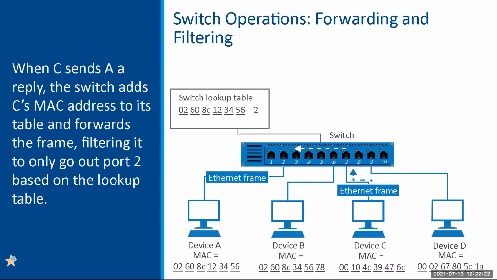They didn't show that clearly on that slide, but that was what they were looking for, using that lookup table. As they continue on, when C sends a reply, which is what we're seeing right now, the switch adds C's MAC address to its table, forwards the frame, and sends it only out of port 2.